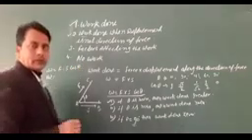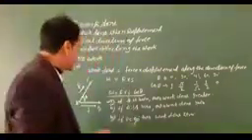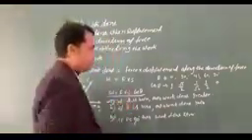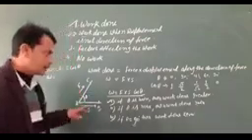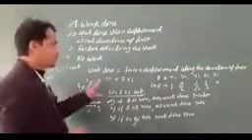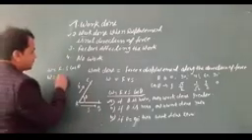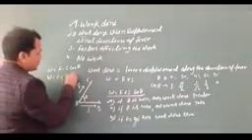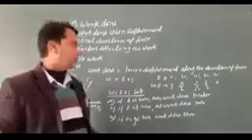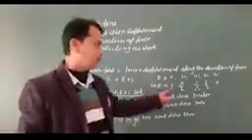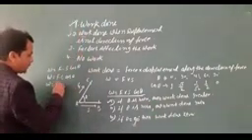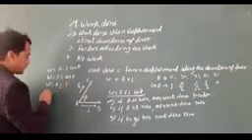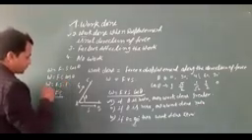If theta equals 0, it means the angle between force and displacement is 0, then W equals F into S cos 0, and we know that the value of cos 0 is equal to 1, so we can write W equal to F into S into 1, then W equal to F into S.